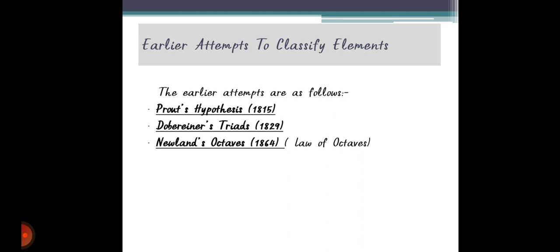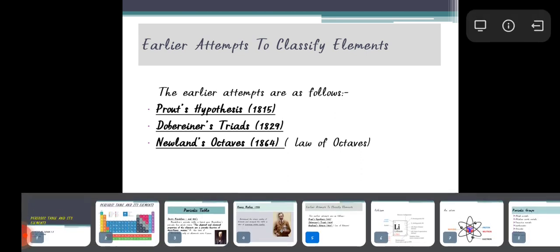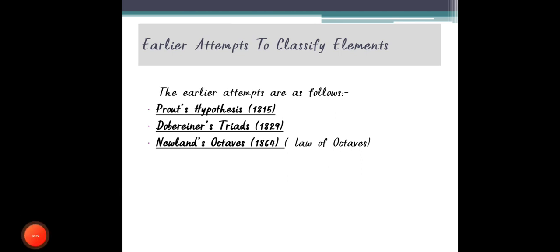When we take the mean of the atomic masses, that is 7 plus 39 divided by 2, we get 23. Similarly, chlorine, bromine, iodine, and calcium, strontium, barium are two more examples of such triads.